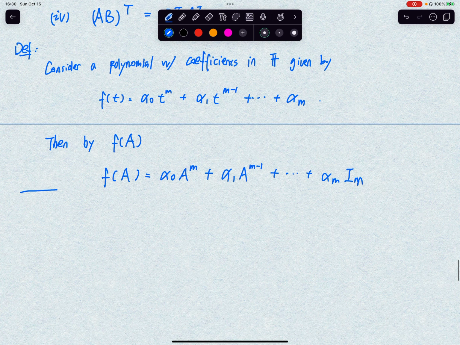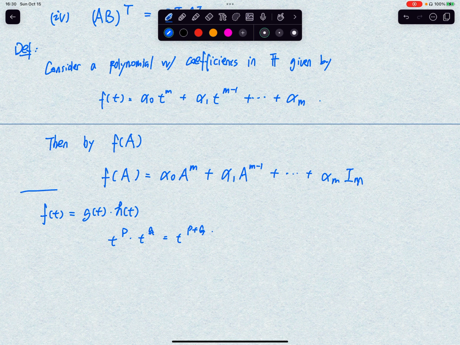And also, suppose that f of t is the product of g of t and h of t. The polynomial f of t is obtained from g of t and h of t by multiplication term by term and collecting the similar terms. So in this way, we can make use of the multiplication rule for powers. That is, we have t to the p times t to the q equals t to the p plus q.